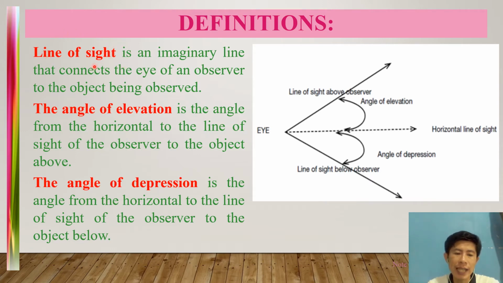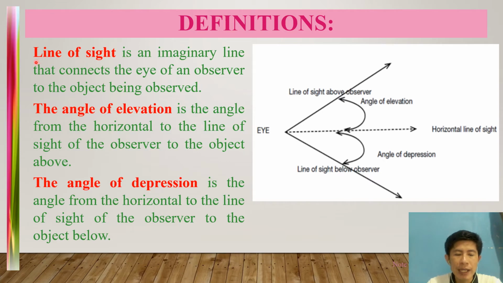The line of sight is defined as an imaginary line that connects the eye of an observer to the object being observed. So there is that imaginary line from our eyes towards that object.